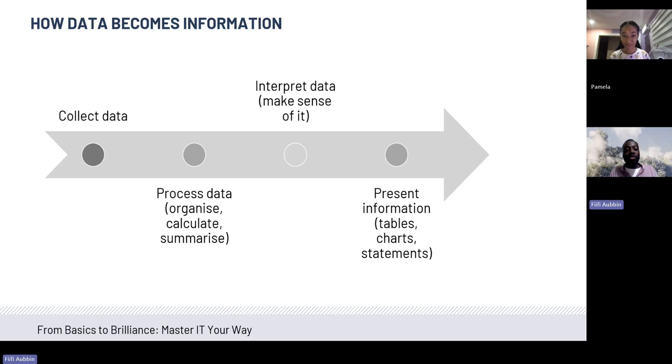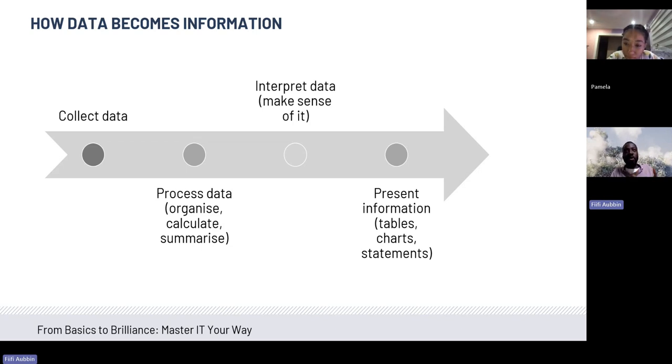Good. Then you process the data. You organize, you calculate, you summarize. You've conducted your interview for a particular reason. You wanted to find out about a particular issue. You've interviewed people, questioned them, gotten their responses.